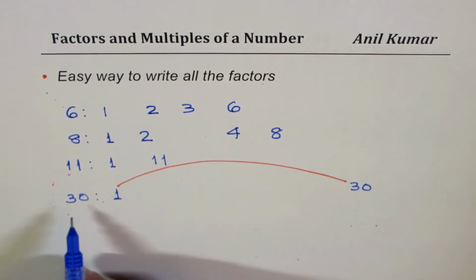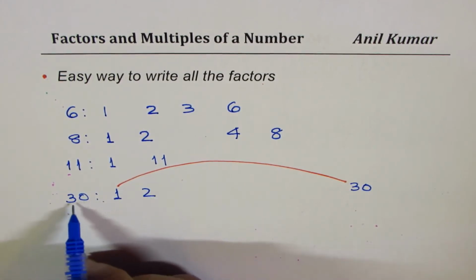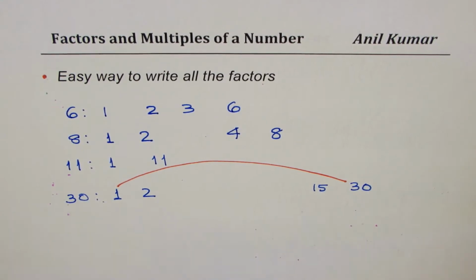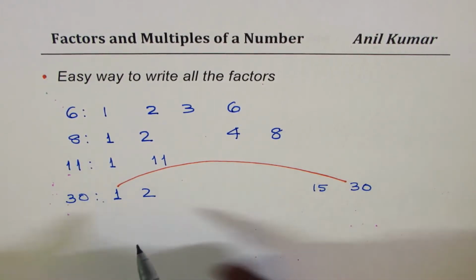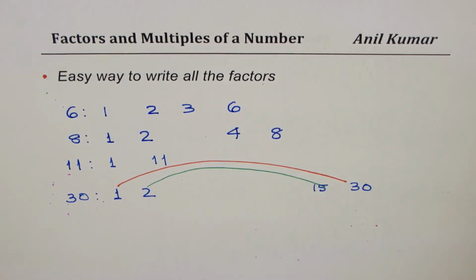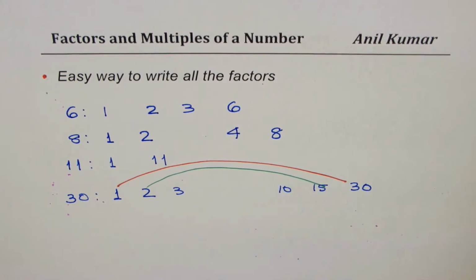Now we know 30 is also an even number, so 2 times half of 30, which is 15. It works, correct? So 2 times 15 is 30. That becomes another set of factors. 3 times 10 is 30, so we could also write 3 times 10 and connect these two also. It helps us get all the factors in half the time.